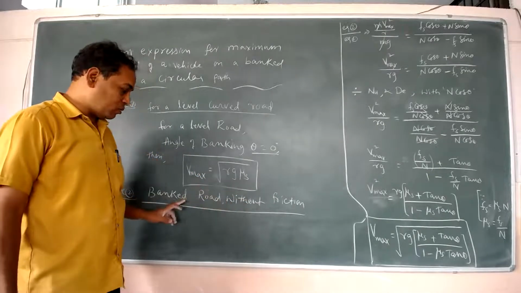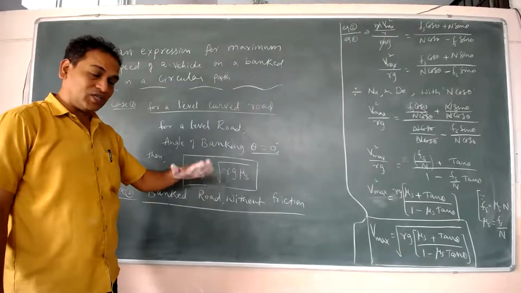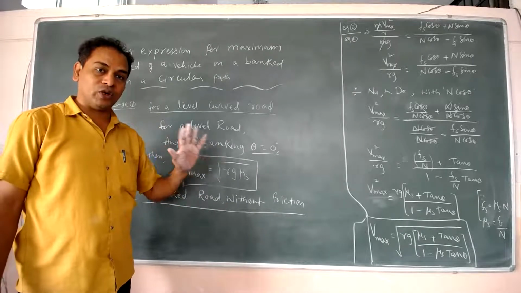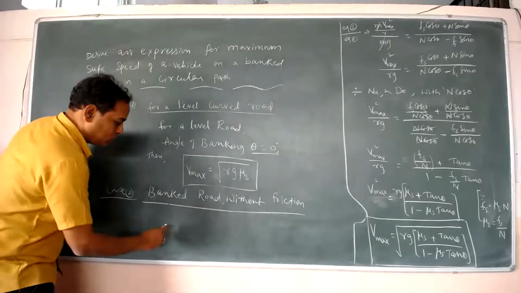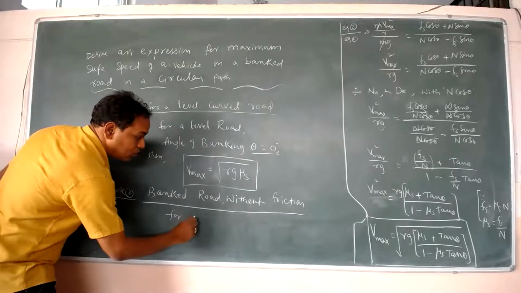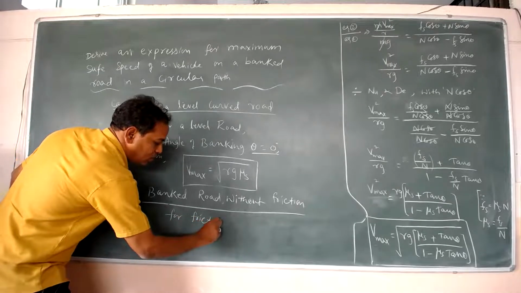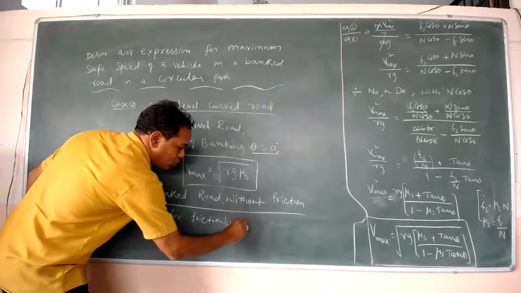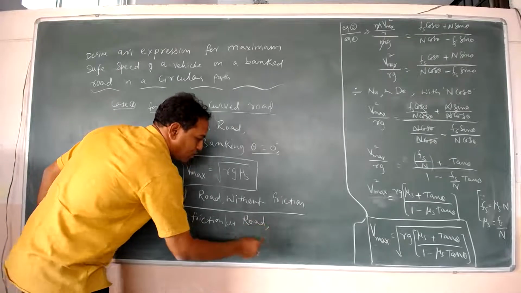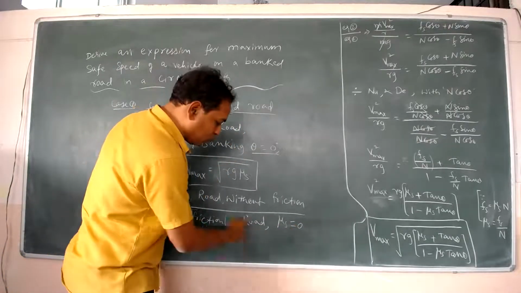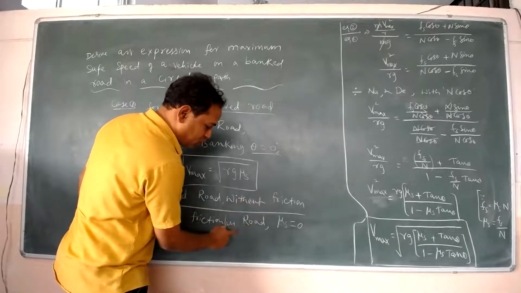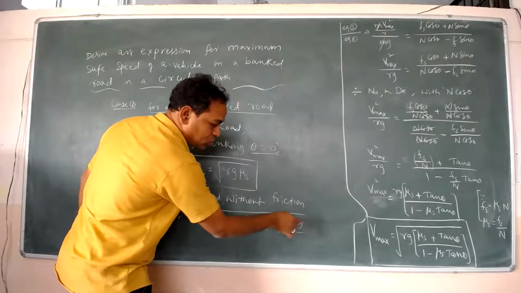Frictionless road with banking means the angle is there, but the friction is zero. No friction is there, so what do we have to do? For a frictionless road, mu s should be 0. Why? Because no friction is there. For a frictionless road, mu s is equal to 0.